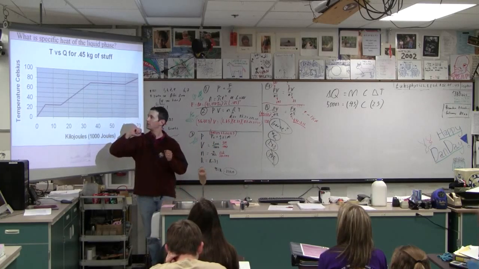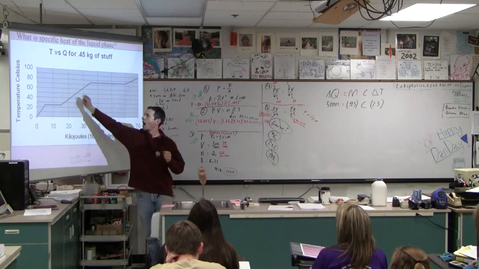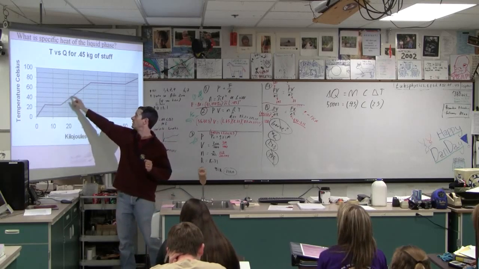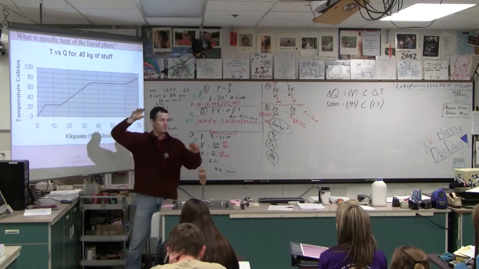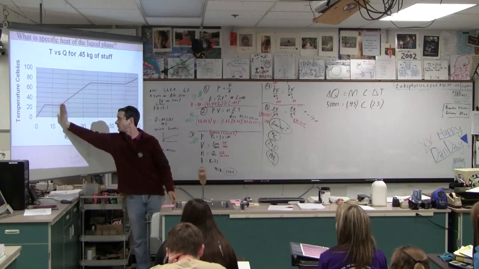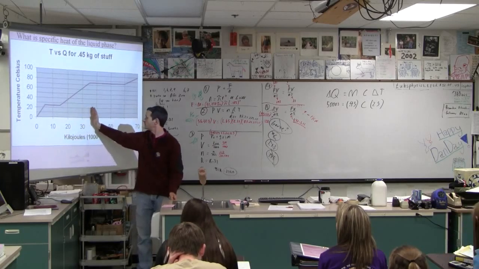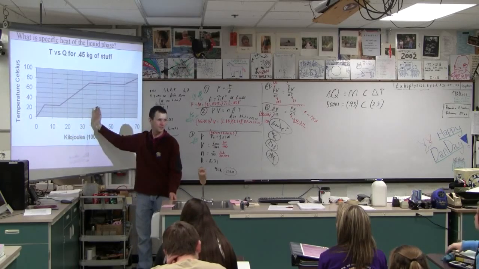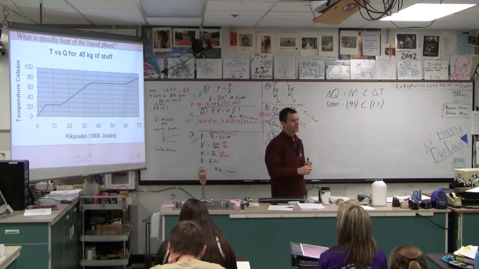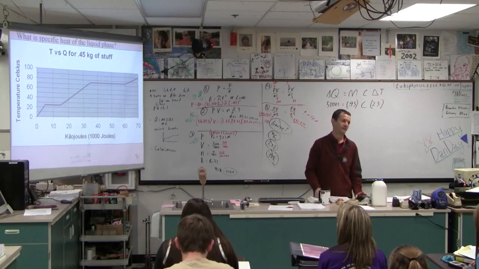Where's the liquid phase? There's the liquid phase. The temperature starts at 25, ends at 75. The change is therefore 50. The heat starts flowing in at 15,000, stops flowing in at 35,000. What's the change? There you go.